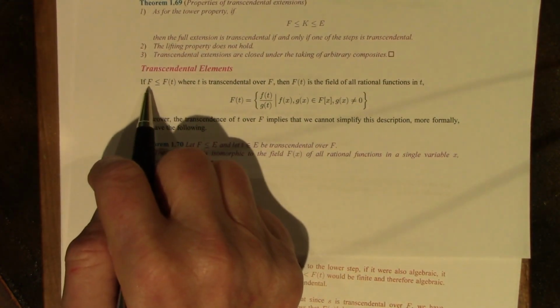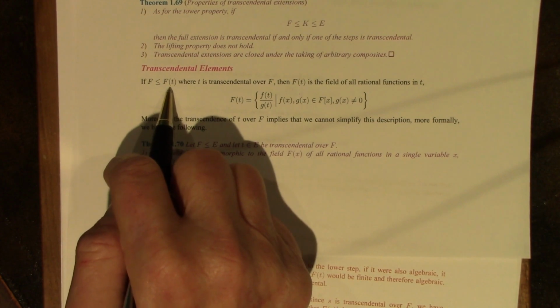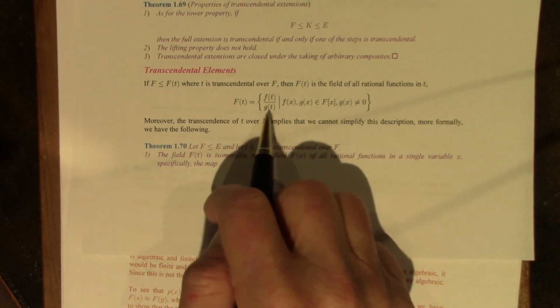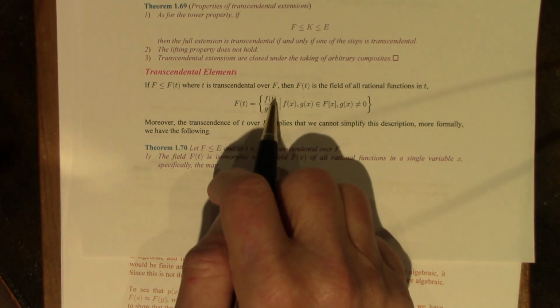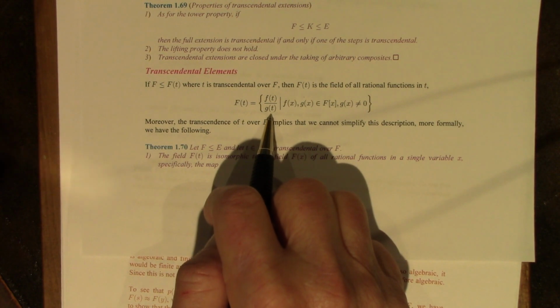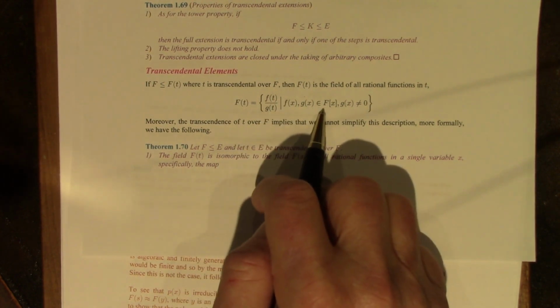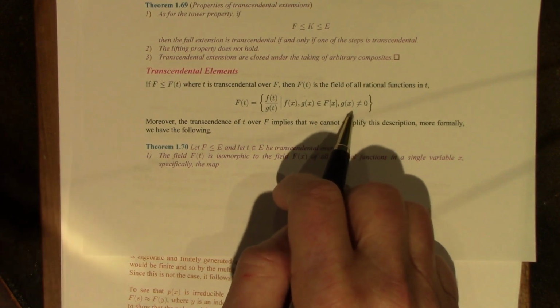Now, let's suppose again that f with t adjoined is transcendental. We know that f with t adjoined is the field of all rational functions in T. So f and g are polynomials over the base field, and g of x is not the zero polynomial.